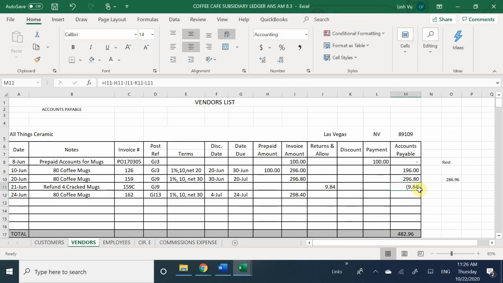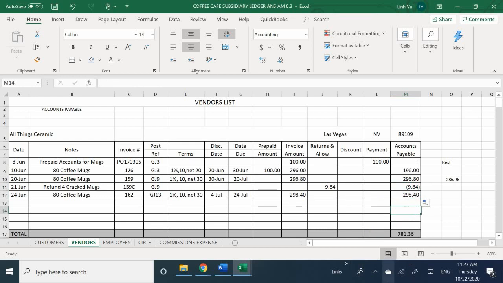Accounts payable: if you're just totaling the accounts payable for this exact transaction, you don't need to do any calculation. So that would be the same amount, 298.40.